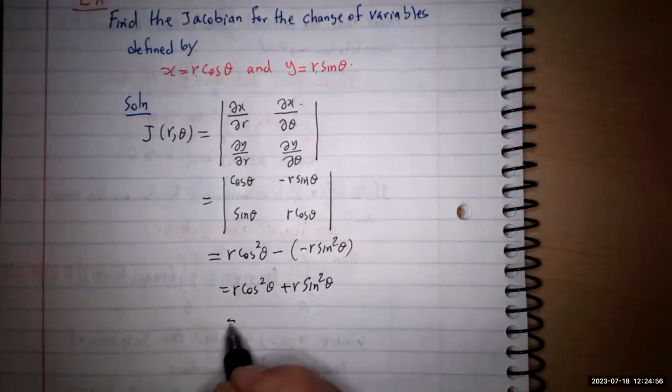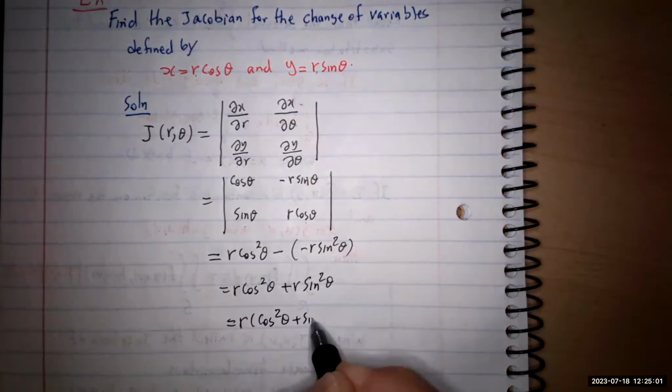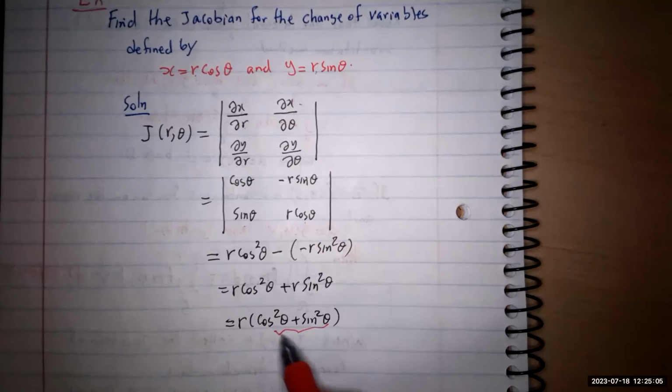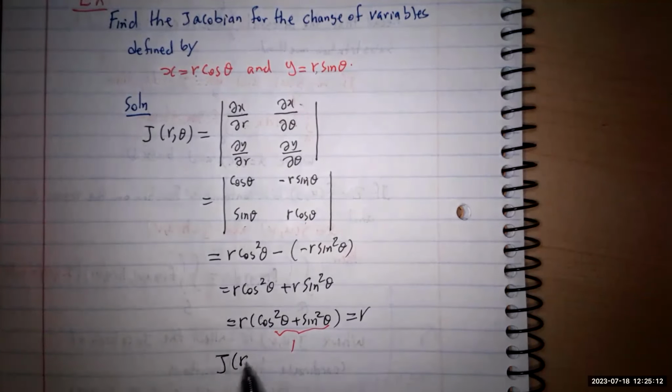You factor out the r, so that gives you cosine squared plus sine squared. This is 1. So the extra term would be r. So the Jacobian of r and theta is equal to r.